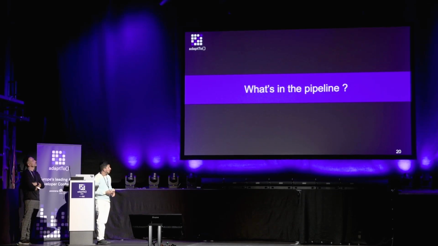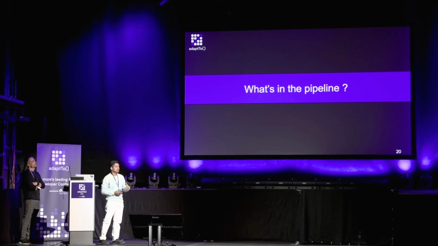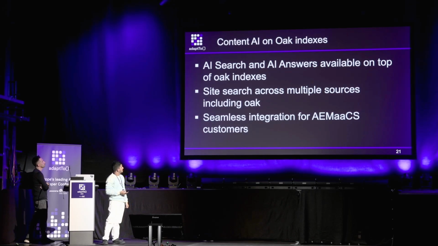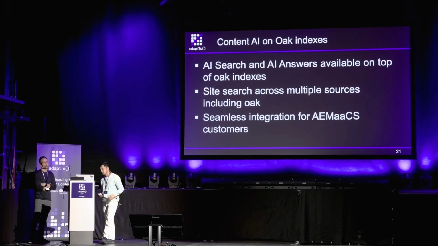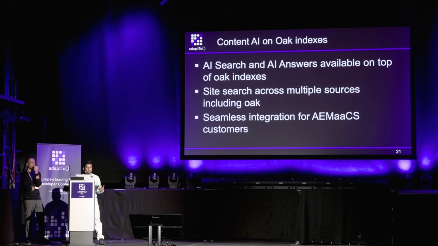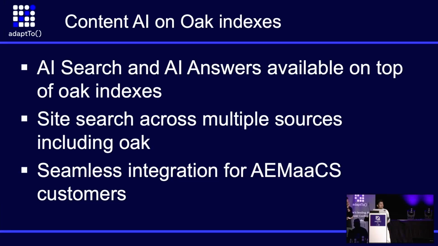Okay, so now I'll talk about what's in the pipeline in the near future. First of all, Content AI on Oak indexes. At this point in time, we have a couple of Oak indexes which are already leveraging Content AI using semantic search. The assets index in the previous demo is an example of that, where it's using semantic search to retrieve assets in a better way.